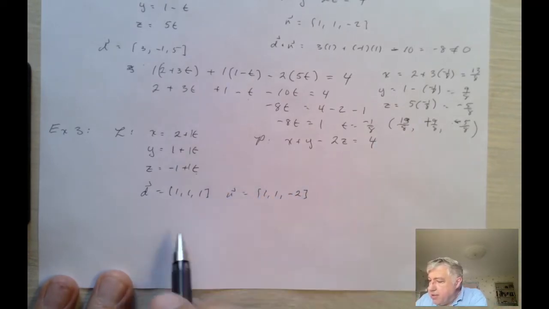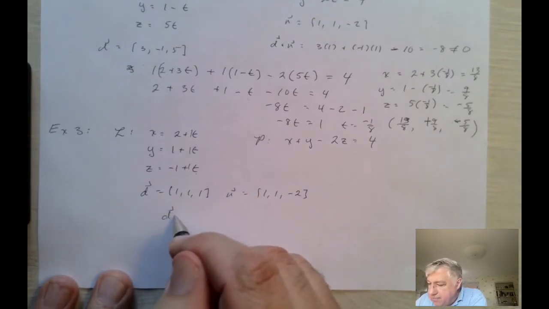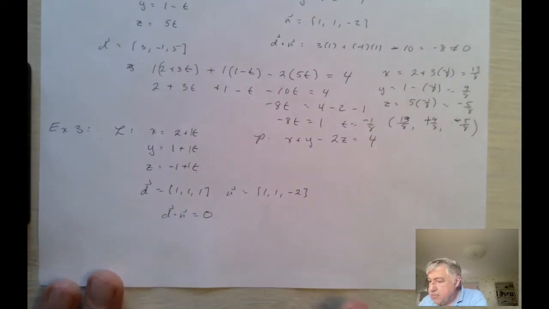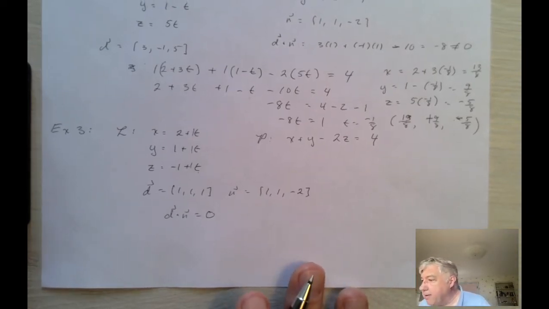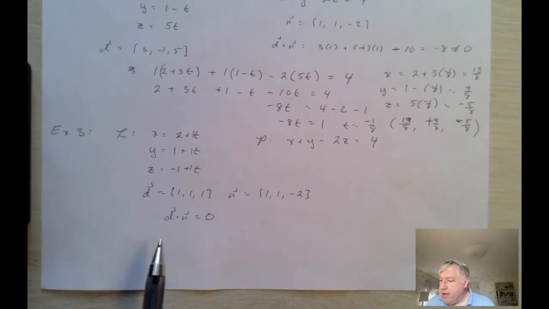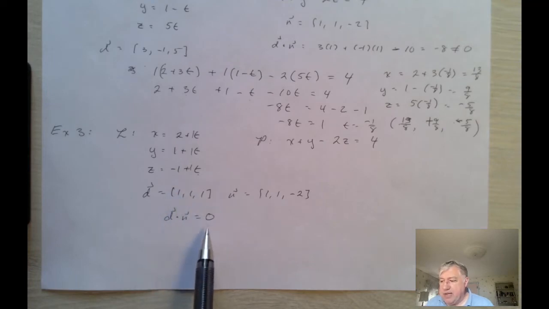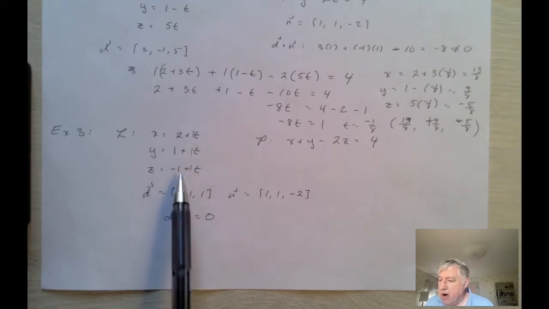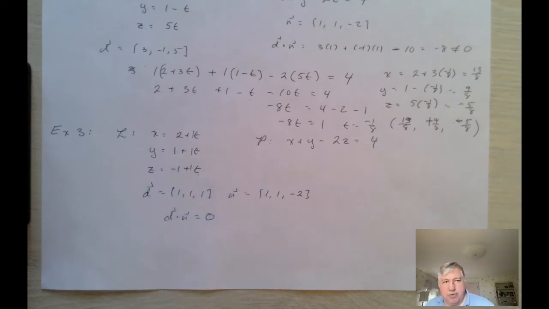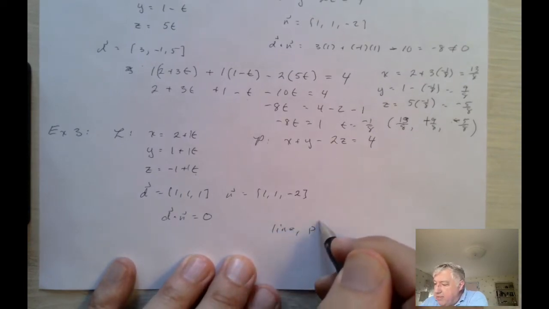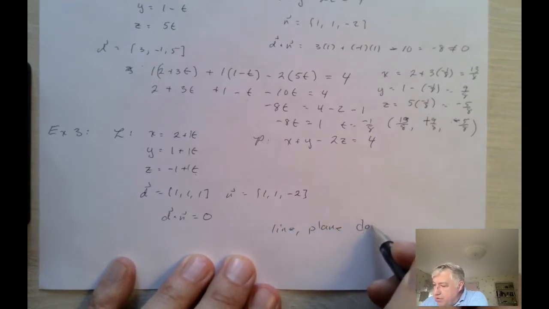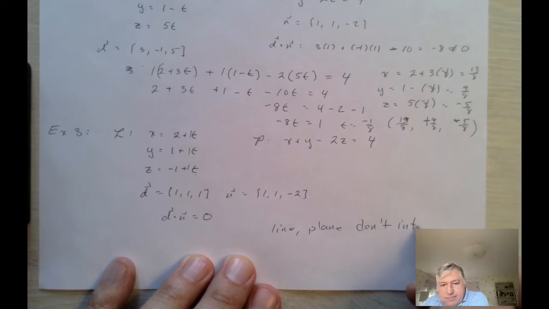You can see the dot product is 0, and we can see that this line is not embedded in the plane because 2, 1, negative 1 is not in the plane. So in this case, the line and the plane don't intersect.